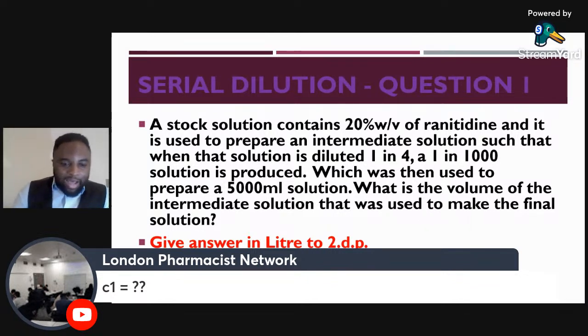Okay, so what you have will look like this. 0.4 times V1, which is what you're looking for, is equal to 0.1 times 5,000. So you need to find V1.